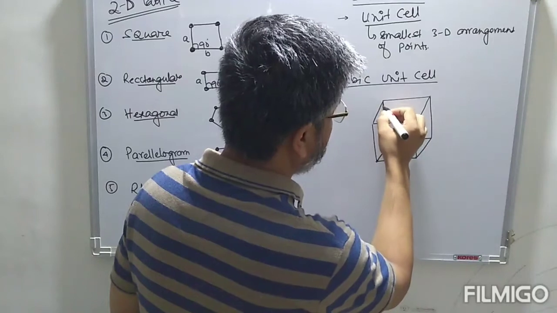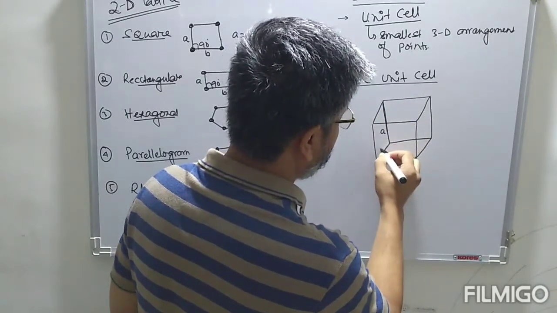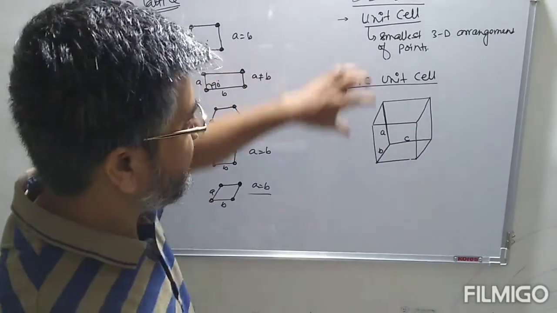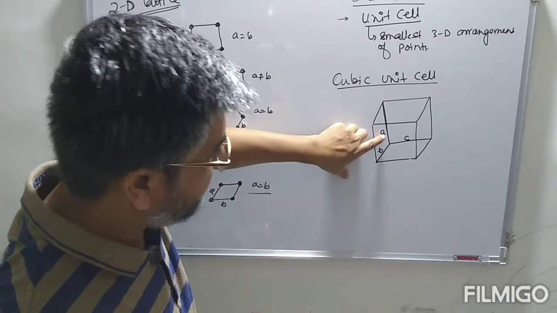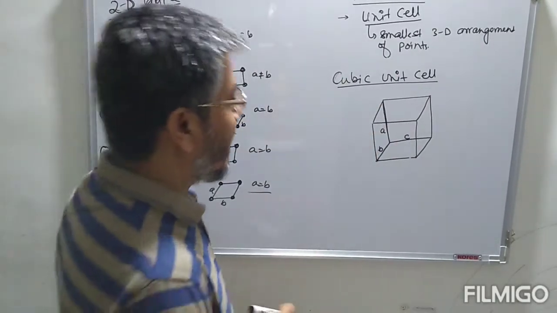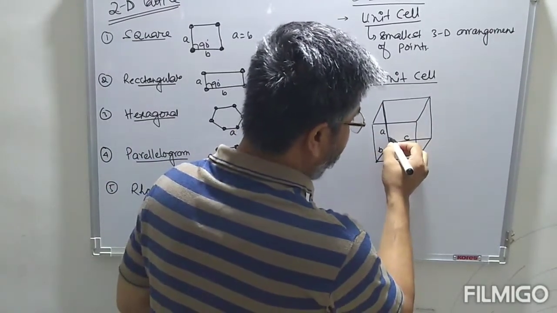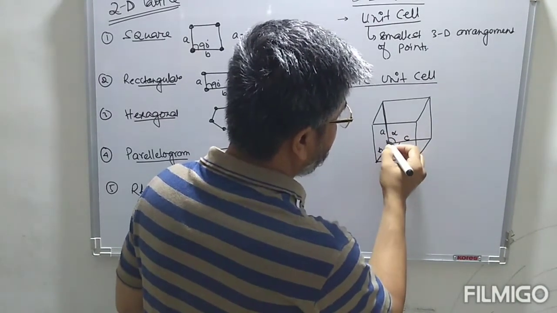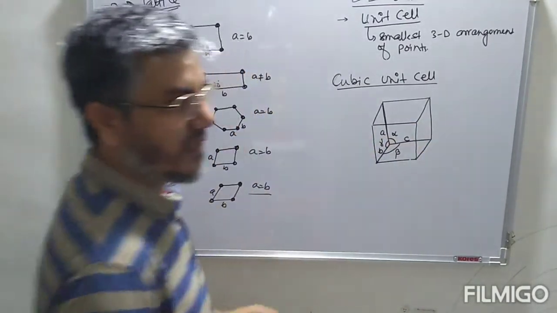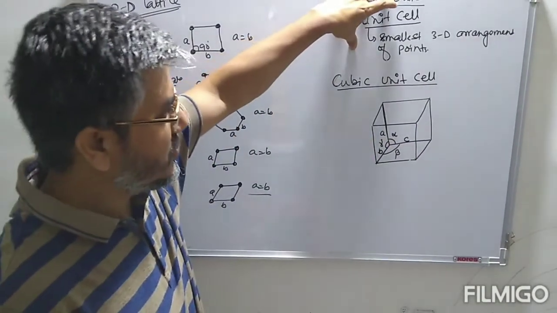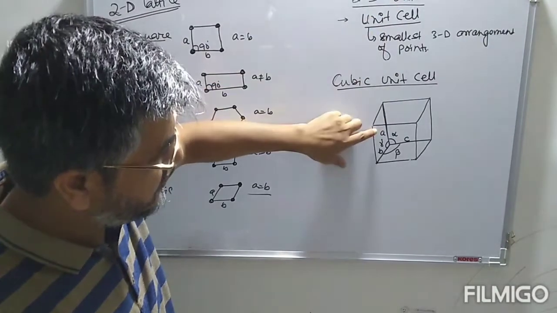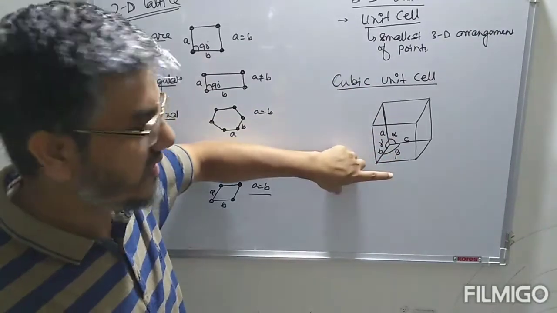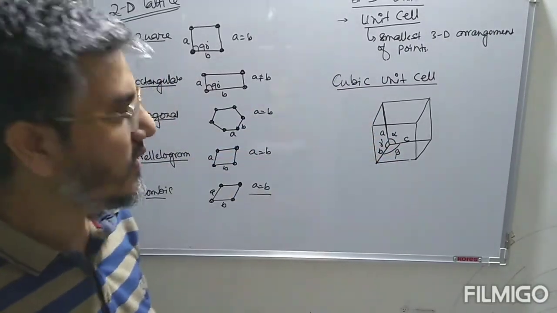Let this edge distance be A, this edge distance B, this edge distance C. So to define this unit cell, we should have edge lengths A, B and C. Along with this, we should also have the angles between the edges. Let this be alpha, this is beta and this is gamma. So we should have the knowledge of edge lengths A, B and C and angles between the edges, that is alpha, beta and gamma.